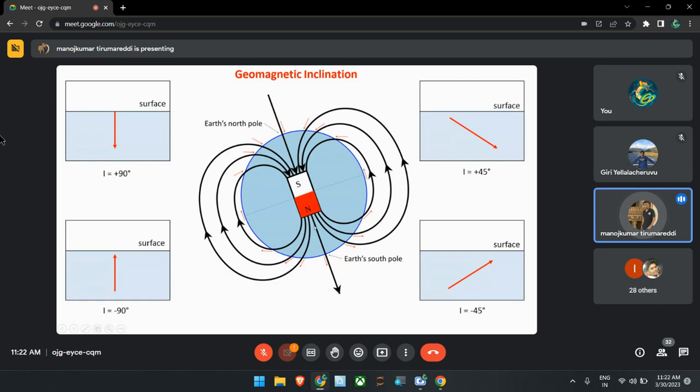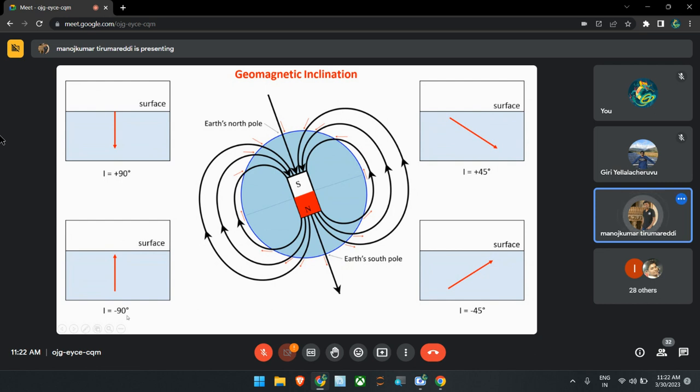The dipole is having its northern pole in the southern geographical pole. So in the southern part, if you see here, the field is coming out from the surface. If you want to represent this in a cross-sectional way, this is the way to represent. It is the surface, and the field is coming out from the surface.